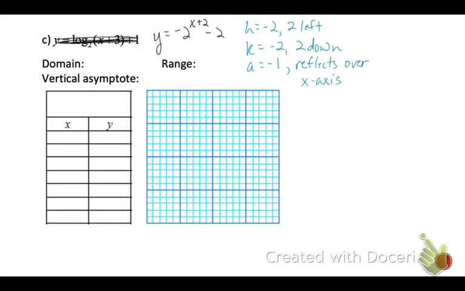So hopefully you're used to the process now. We're going to, with our h value, subtract that from x, and our k value, subtract that from y. And then for our numbers in the table, we will just look at y equals -2 to the x. We will ignore our h and k. We'll plug in -2 to +2 for x, and we'll get -1/4, -1/2, -1, -2, and -4. And then we'll subtract 2 from our x values and subtract 2 from our y values.